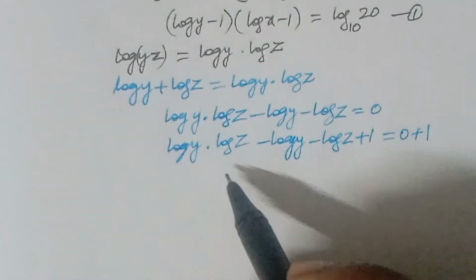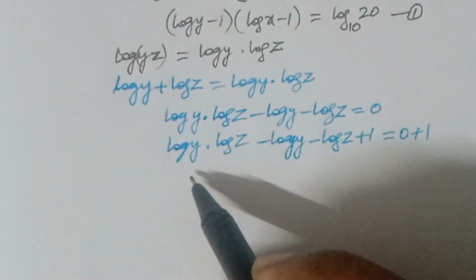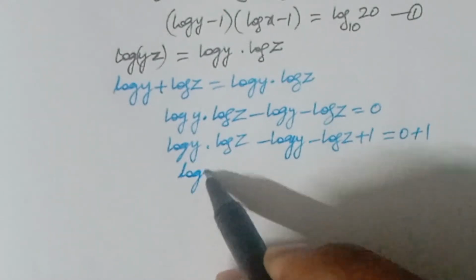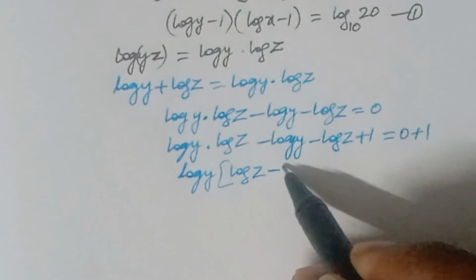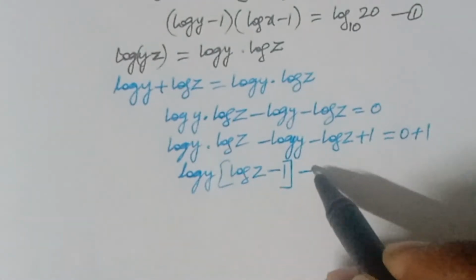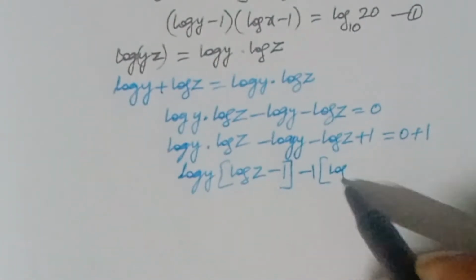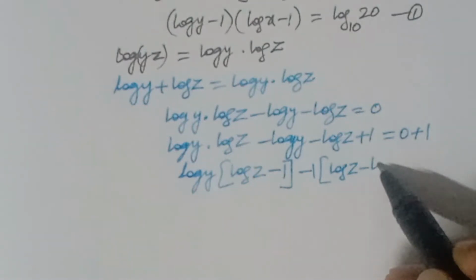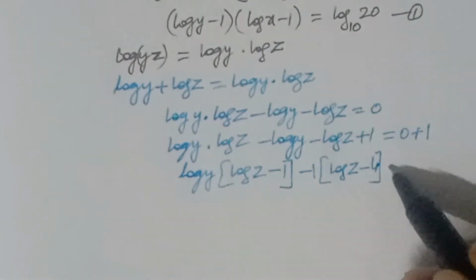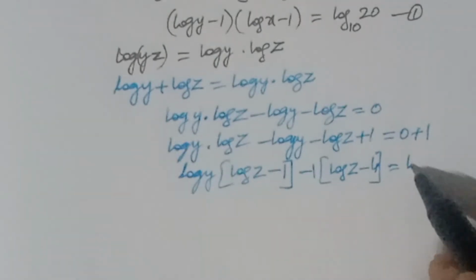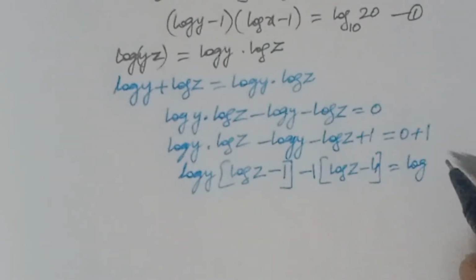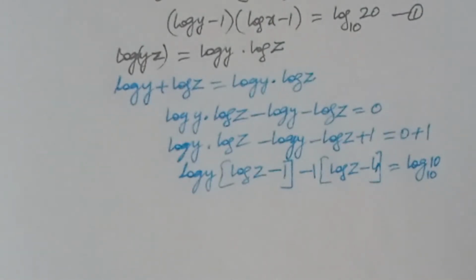So here you can take log y common: log z minus 1, and minus 1 common, log z minus 1, is equal to log 10 base 10.